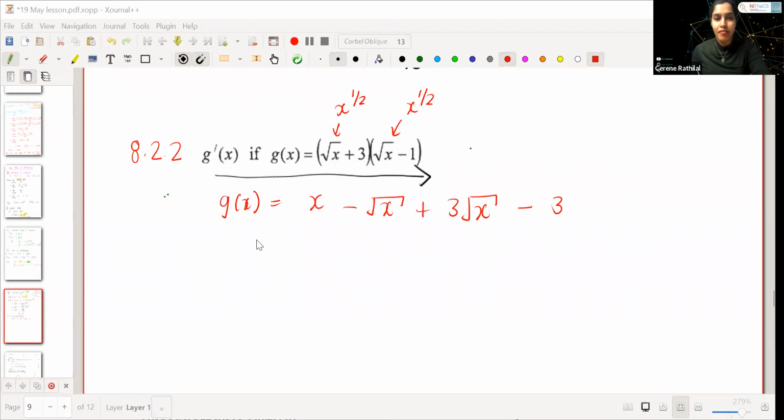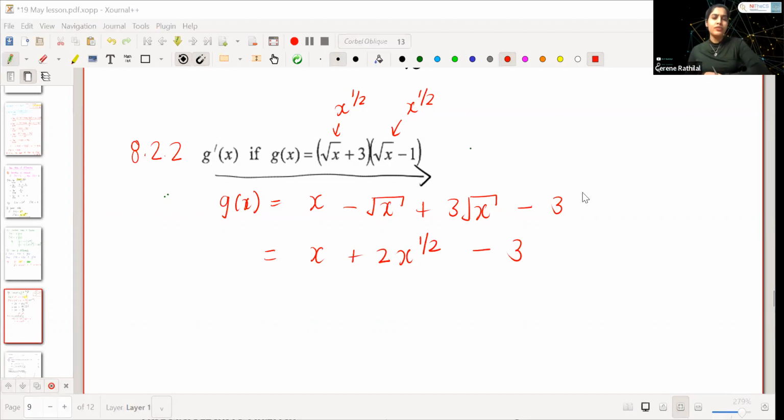So let's simplify. This is simply x plus 2 root x. But as I had pointed out, root x is just x raised to the power half, isn't that so? So I'm going to write that down as x plus 2 times x raised to the power half minus 3. Are we all happy with what I have done to simplify in here?